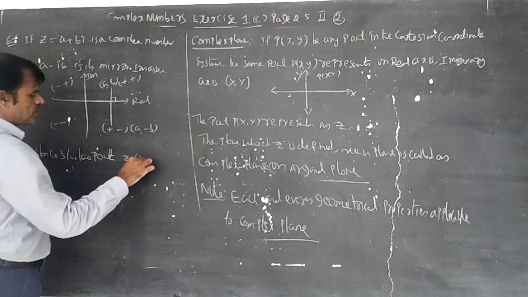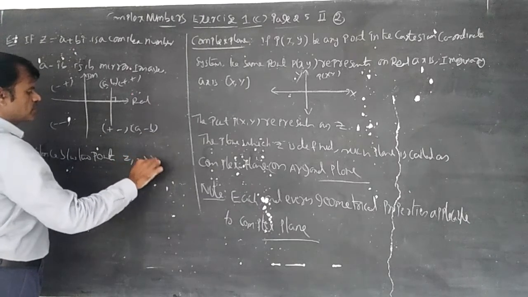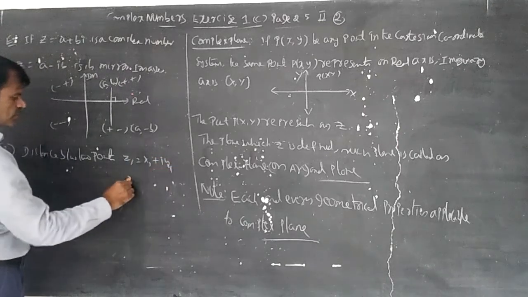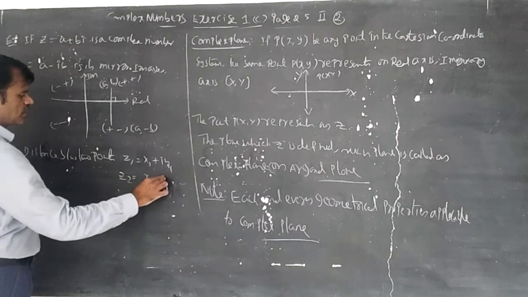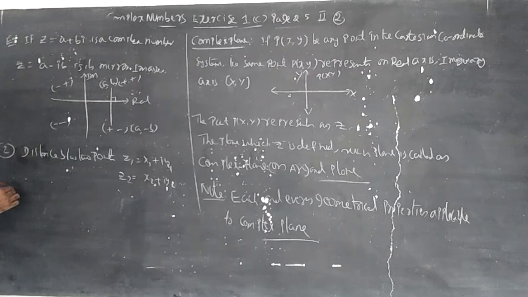General notation I am writing here, z1 is equal to x1 plus iy1, z2 is equal to x2 plus iy2.